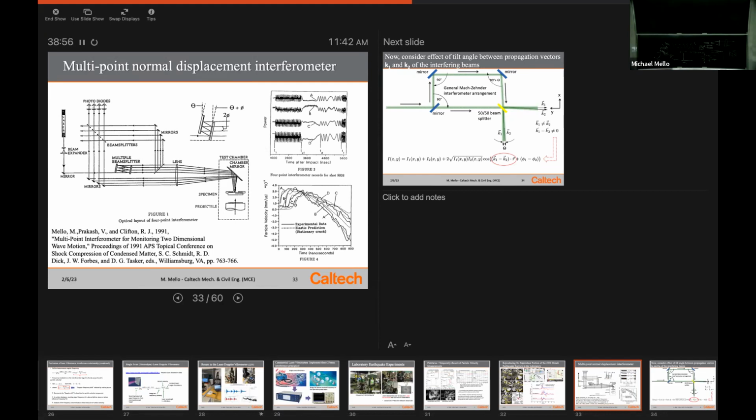And each of them is mixed at a beam splitter with a reference beam in the way we talked about earlier in this course. This is two beam interference happening at this beam splitter, what we've been talking about for two lectures, almost three. But you're getting four of them. These are the fringes you get that you record on the oscilloscope. This is literally what you record, because this is not a commercial device.